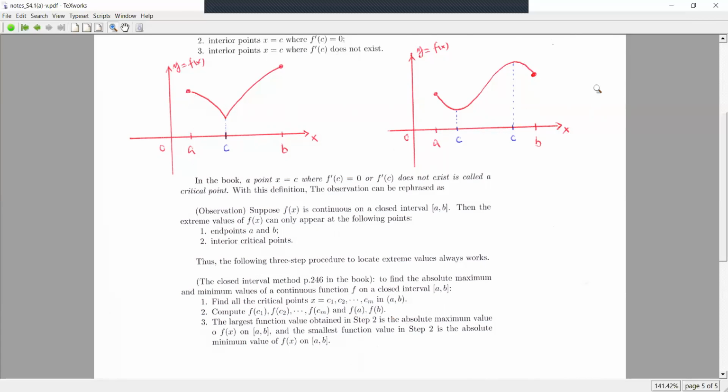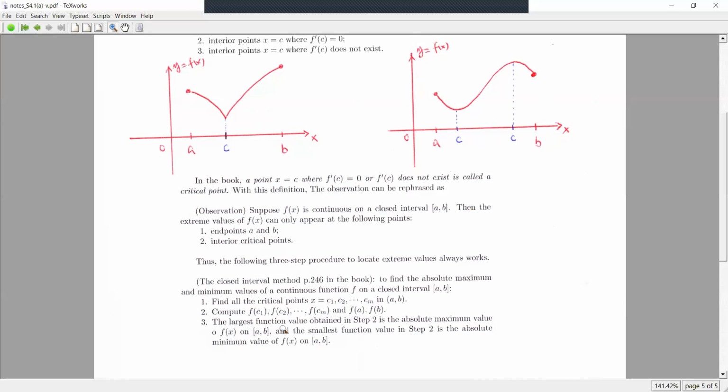Say, focus on this graph. We have 2 critical points, C1 and C2. Compute the function value at C1, and at C2. And also at A and at B. Now we have 4 function values. Compare these 4 function values.